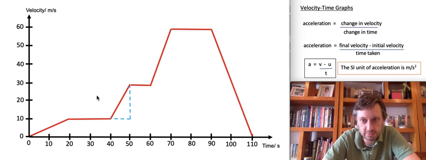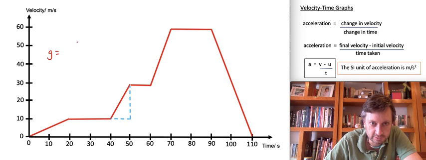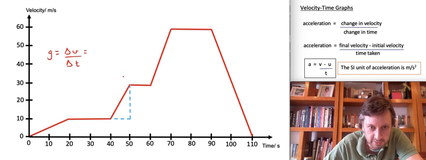So the next acceleration that we could calculate, again from the gradient, is change in y-axis velocity divided by change in x-axis time. Okay, well that looks to me like the change in velocity is 30 meters per second, that's the finishing velocity minus the velocity it started at this point, 10, divided by the change in time.